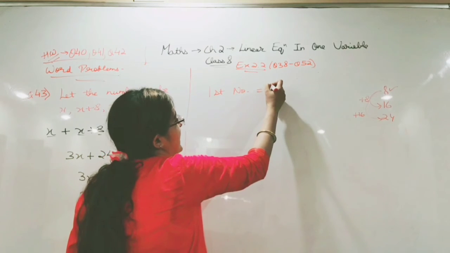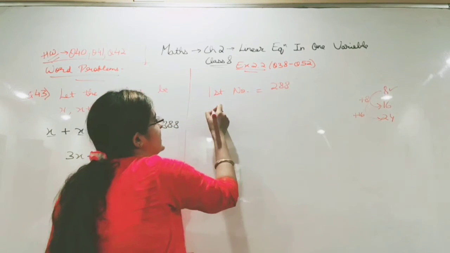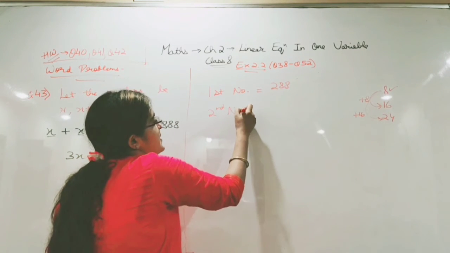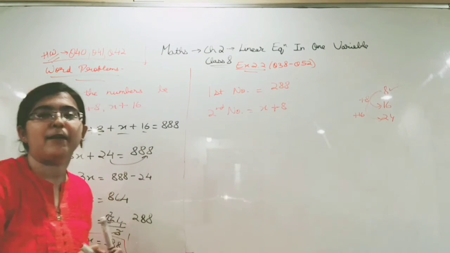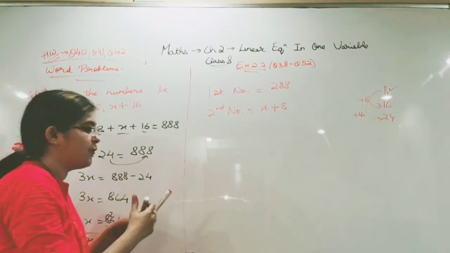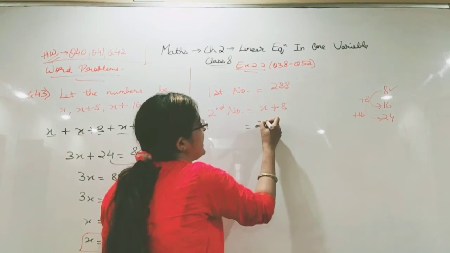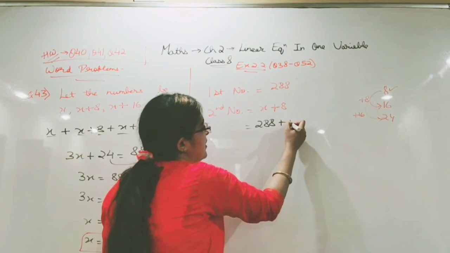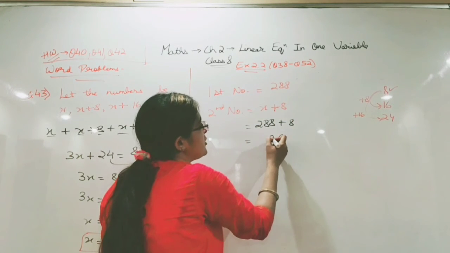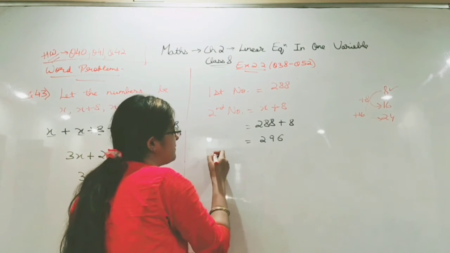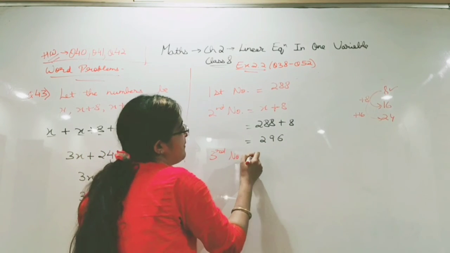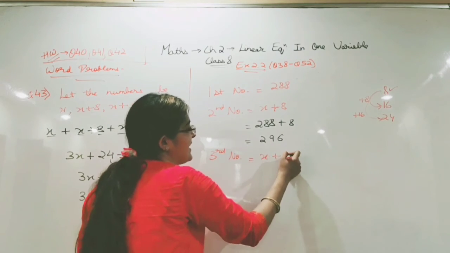Now what will be your second number? Second number was x plus 8. So what we will do? 288 plus 8. What will we get? 296. What will be your third number? Your third number will be x plus 16.